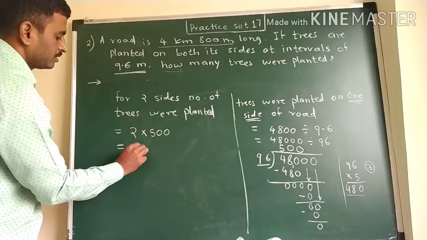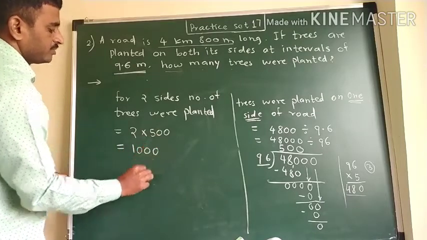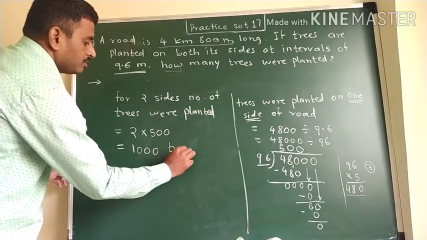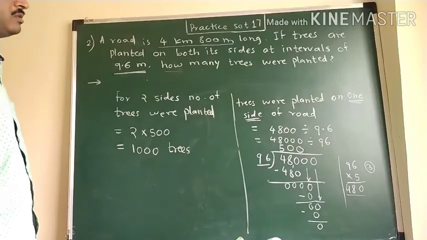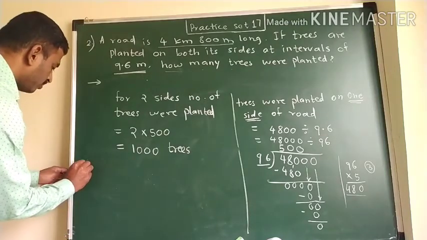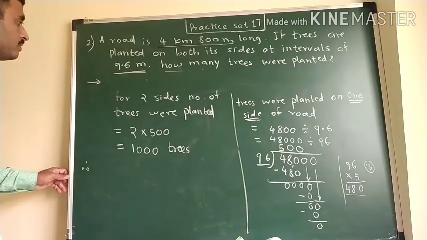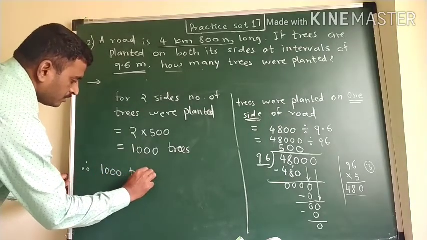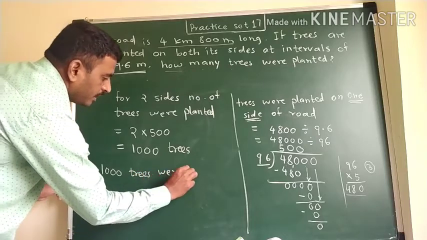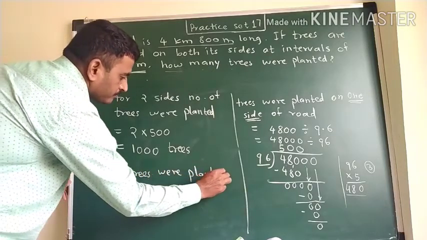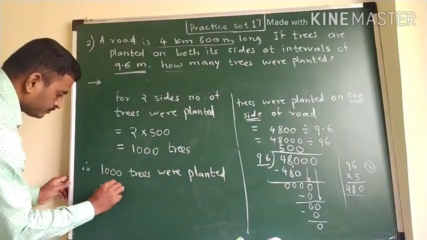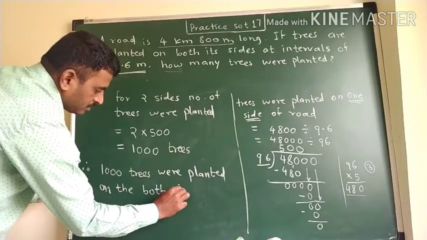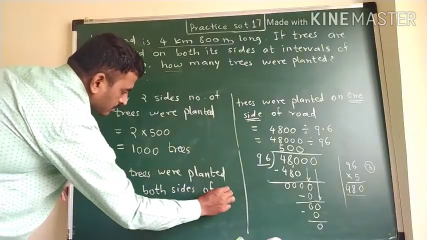Then the answer is 2 multiplied by 500 is 1000. So 1000 trees were planted on both sides of the road. Therefore we can write 1000 trees were planted on both sides of a road.